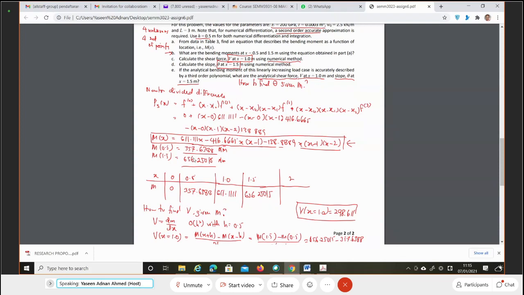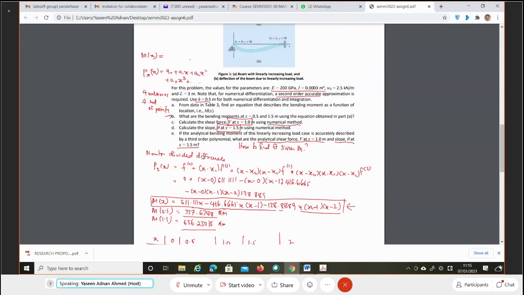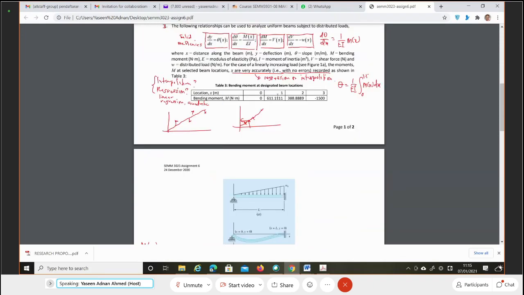This is one option, and you can also use the values from 0 and 2, then your h will be 1. You can also use that. In that case, I'm not sure whether I have enough time or not. If I don't have enough time, I will put the quiz in the afternoon or evening, okay? Because this is important for you to finish.